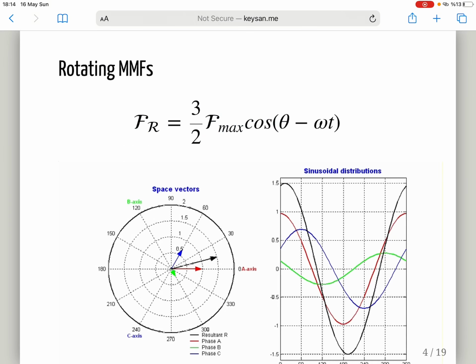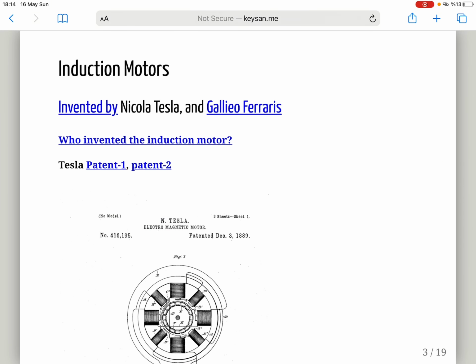Induction motors were invented by Nikola Tesla and Galileo Ferraris, and there's a debate about who invented it first. It seems like both of them invented it independently, so you can have a look at their patents, and also there's a case explaining the invention process. Anyway, below you see the original patent from Nikola Tesla from 1889.